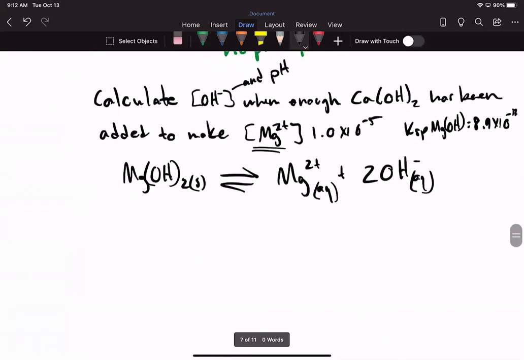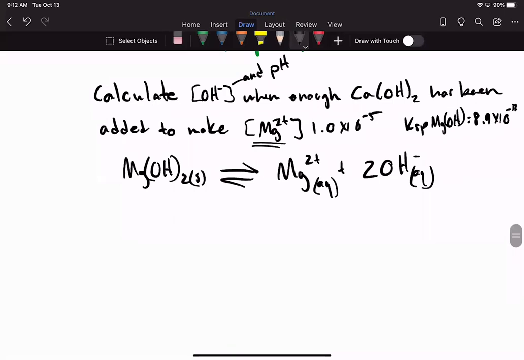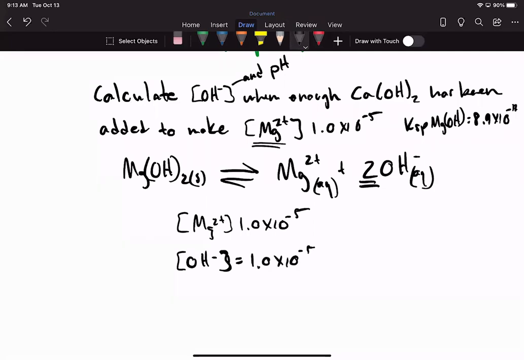So if I know the concentration of magnesium is 1.0 times 10 to the minus 5, I know the concentration of hydroxide is twice that much, 1.0 times 10 to the minus 5 times 2.